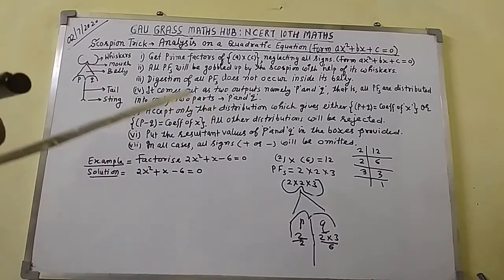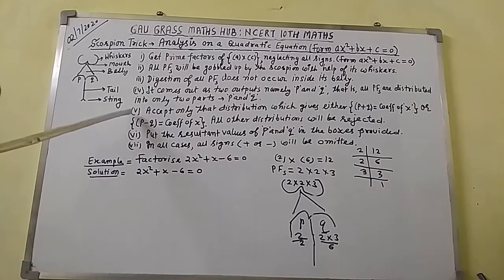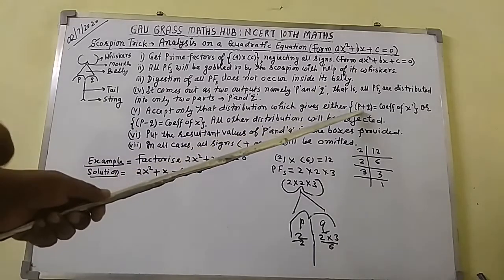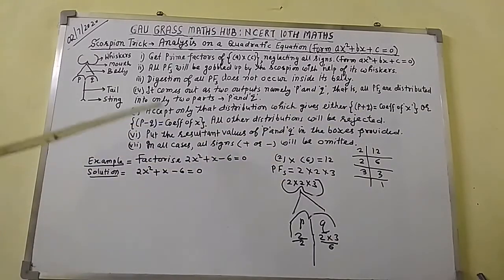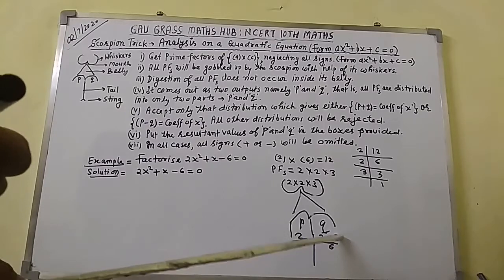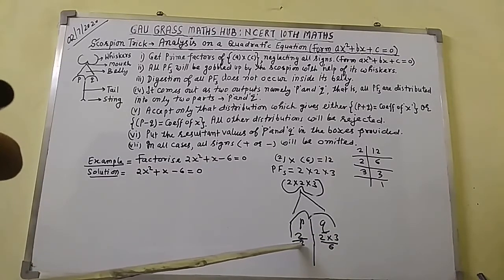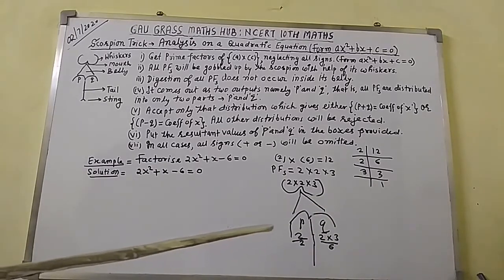Now come to the next point. Point number 5: accept only that distribution which gives either P plus Q. Suppose this distribution is there. Here I have got the value of P equal to 2. Here I have got Q equal to 6.